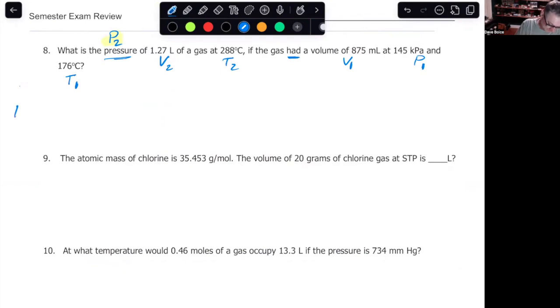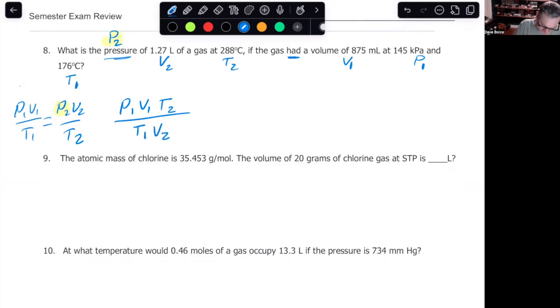So P1 V1 over T1 equals P2 V2 over T2. And my wish is to solve for P2. So let's do that cross multiply thing. P1 V1 times T2 divided by T1 times V2.